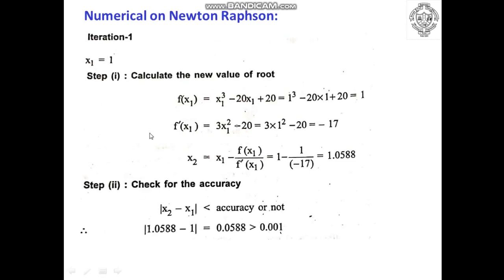So now I will move on to first iteration. I will consider x1 is equal to 1 because the initial guess is given. Find out the new value of the root. For that I have to first of all find out value of f of x1 and f dash of x1. So I will put value of x1 in this particular equation.